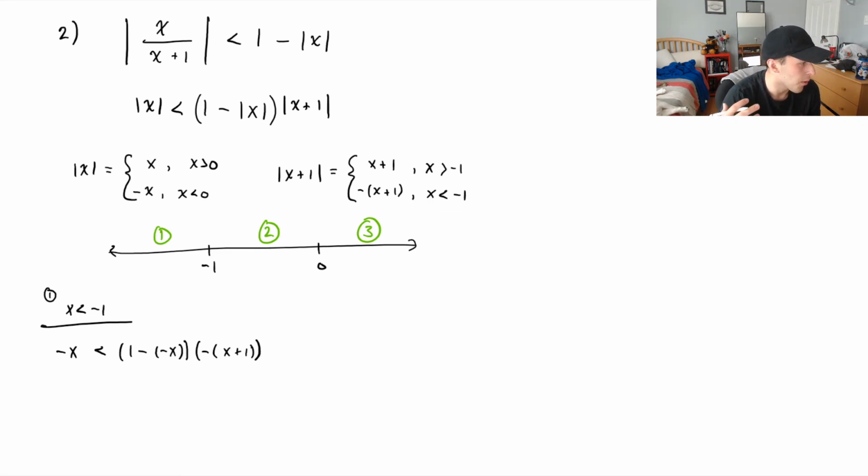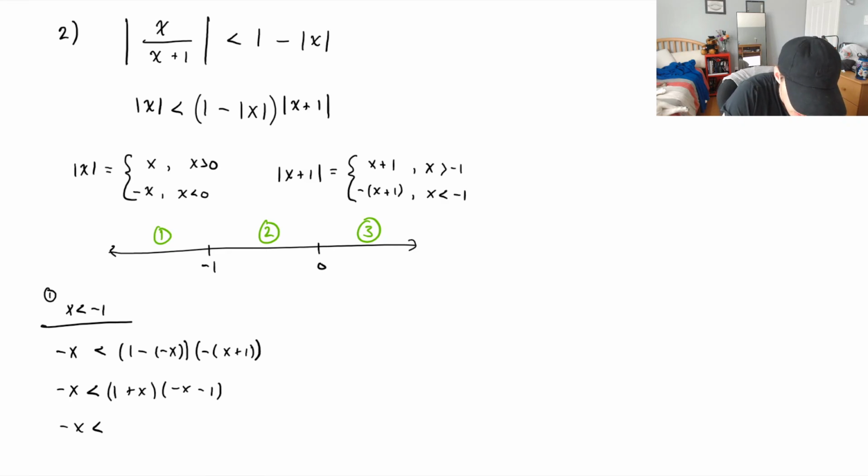You don't have to keep thinking about it over and over again. Okay, we've got now -x. I'm just going to do some simple algebra, expand these and simplify. We've got 1 plus x, we've got -x minus 1, and this is going to be -x minus 1 minus x squared and another minus x.